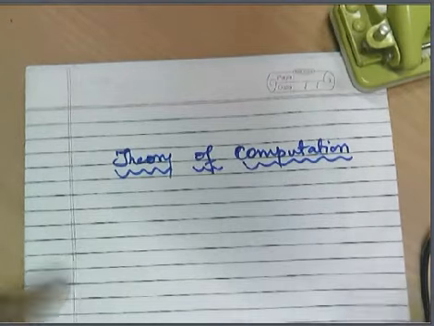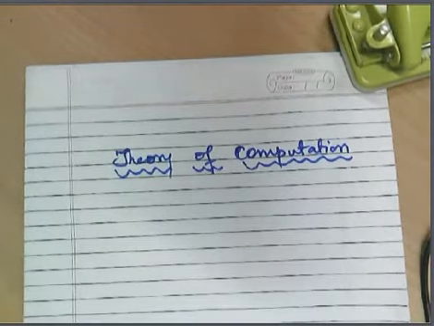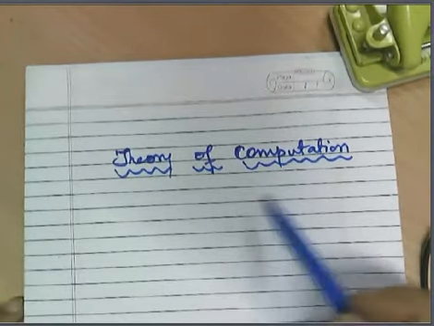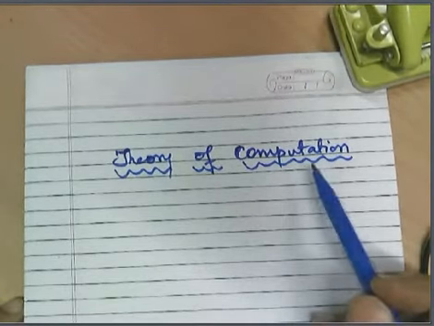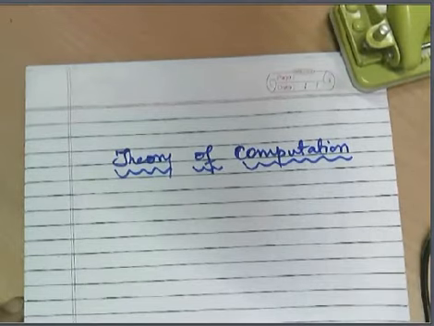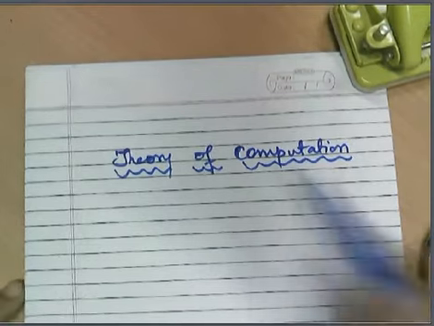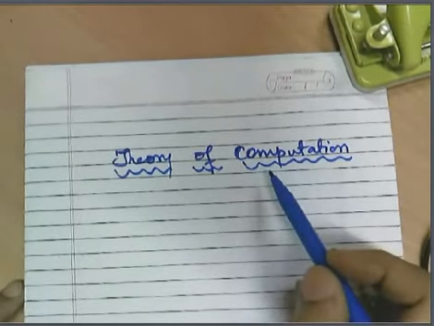Once you started using the calculator, you have started doing the computation. So does the calculator do computation, or does it only calculate? The modern calculators do computations as well.